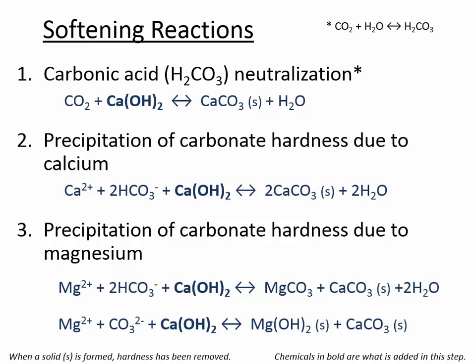But if you look more closely, you get the calcium carbonate as a solid, and you're also getting the magnesium hydroxide as a solid. And so for every calcium that was added, you still have a calcium precipitating. So we're not making the problem worse. We have to increase the pH so that the magnesium will precipitate, but the calcium that we added precipitates as well.